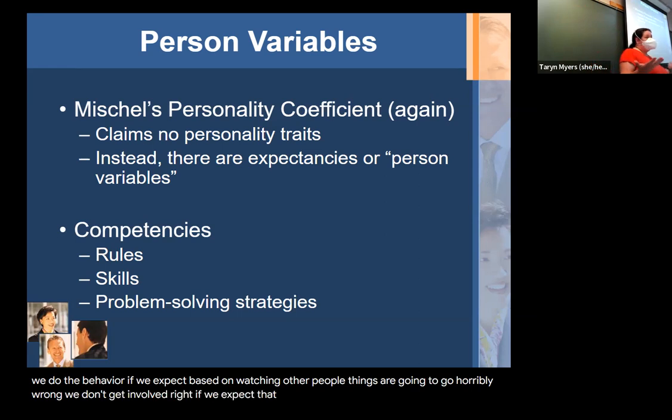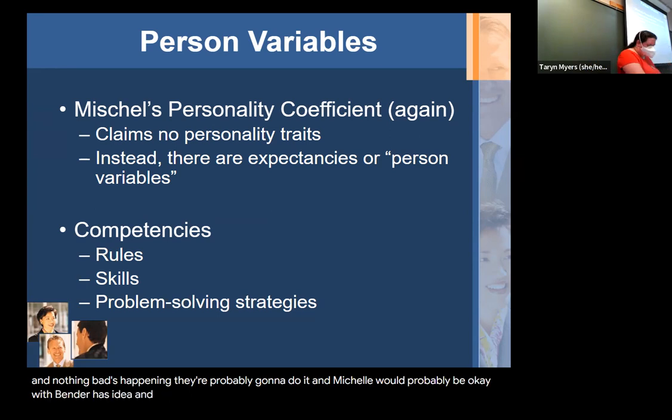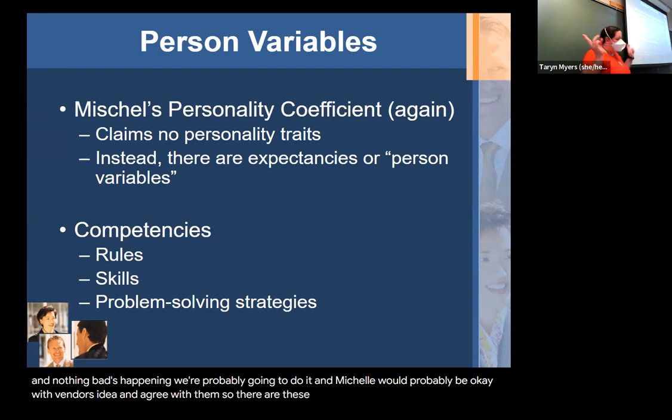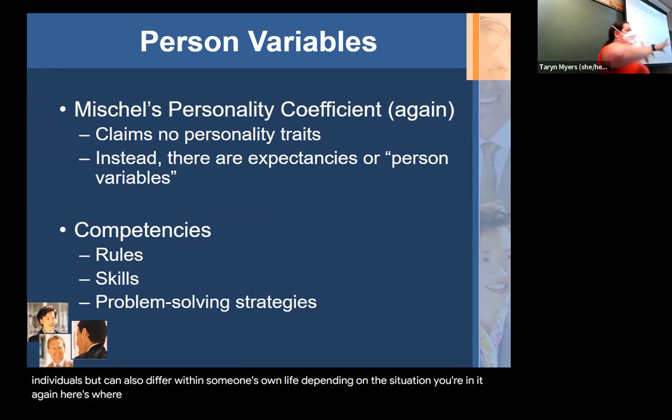If we expect, based on other people, that it looks awesome and nothing bad is happening, we're probably going to do it. And Mischel would probably be okay with Bandura's idea and agree with him. So there are these person variables that differ between individuals, but can also differ within someone's own life, depending on the situation you're in. And here's where Mischel's ideas come back in, like the situation is so important, right?